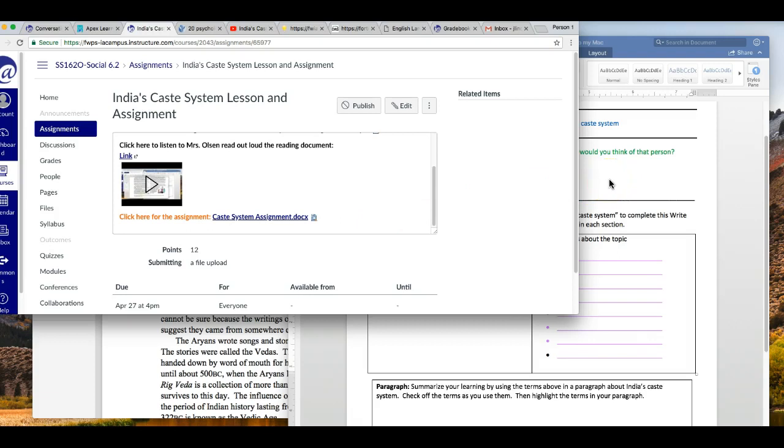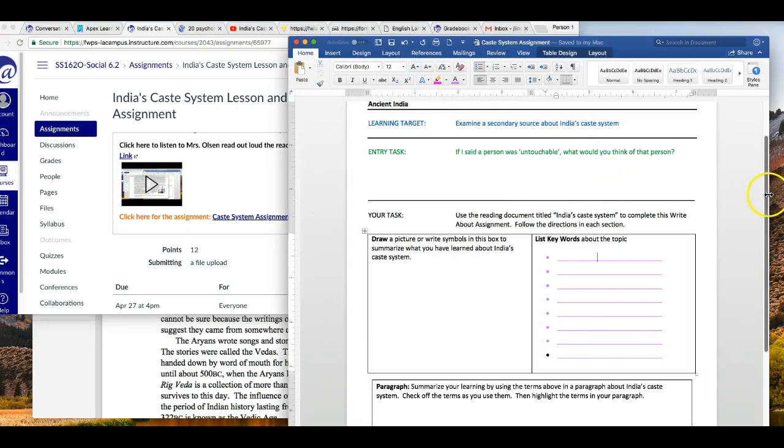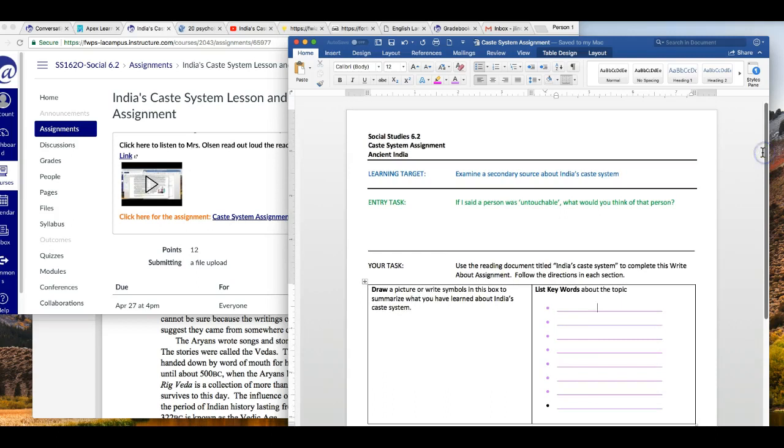Okay, so let's go to the assignment, which I already have pulled up, and begin with the learning target, which says that you are going to be able to examine a secondary source about India's caste system.